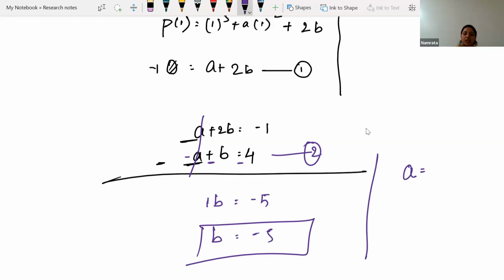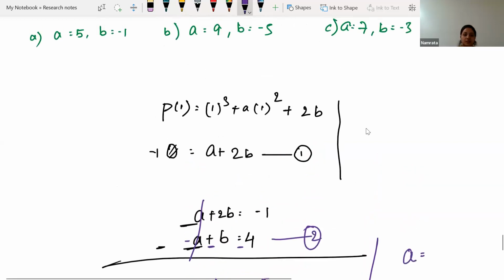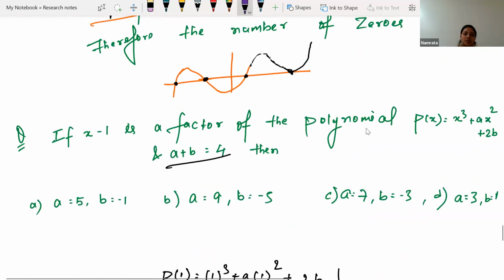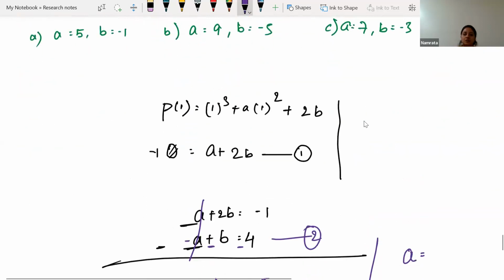So what will be the a value? It will be 1. Is it 1? See, the equation has a plus b is equal to 4.